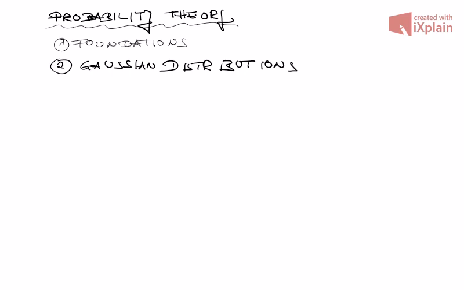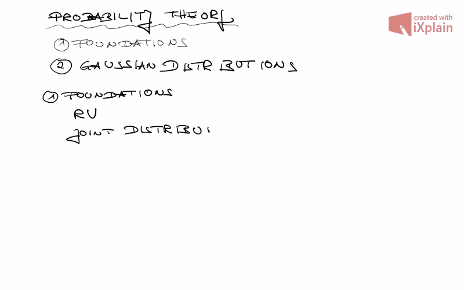So then in the foundations, our first session, we want to talk about random variables. I will tell you what I mean by a random variable, and then importantly, joint distributions. That's really the meat of the next hour.